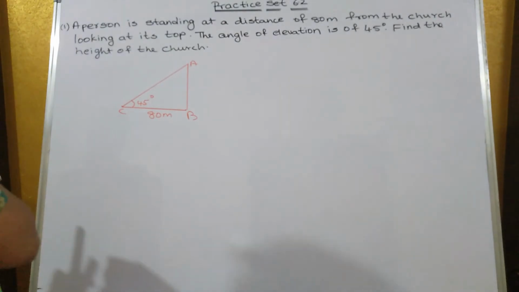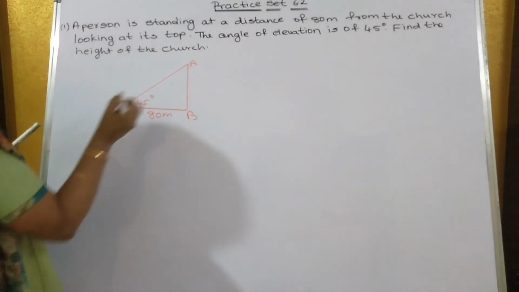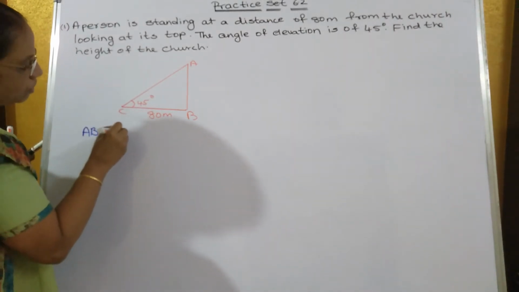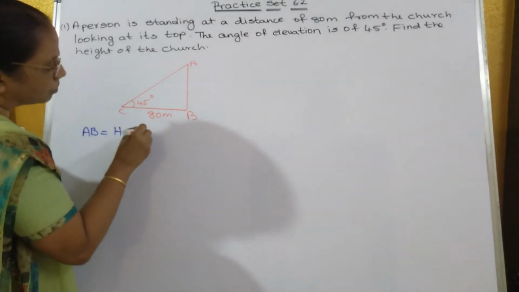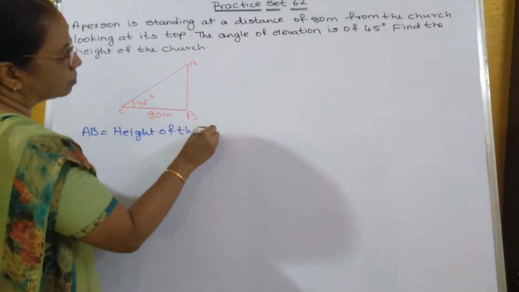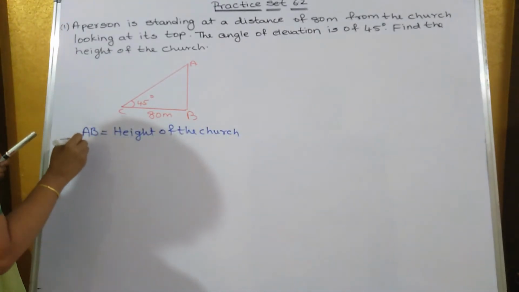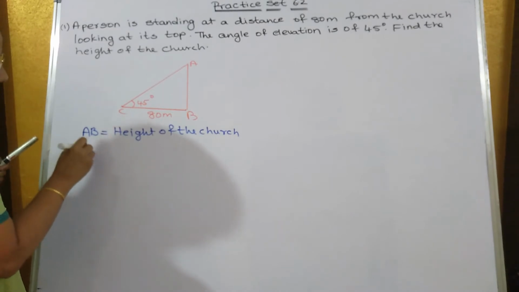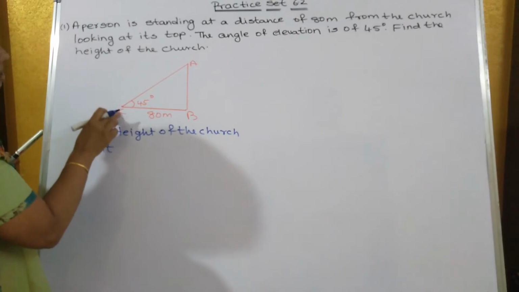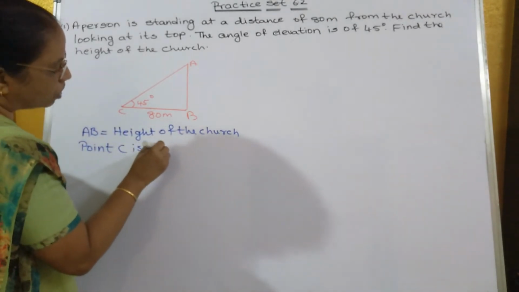Now, whatever diagram you have drawn, you have to explain that. So let us assume AB is equal to the height of the church. Point C is the position of the person, so this C is where the person is standing.